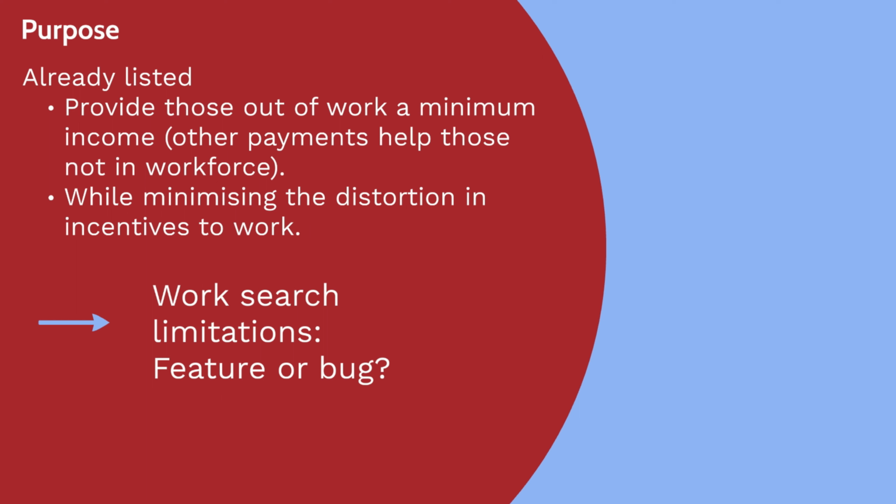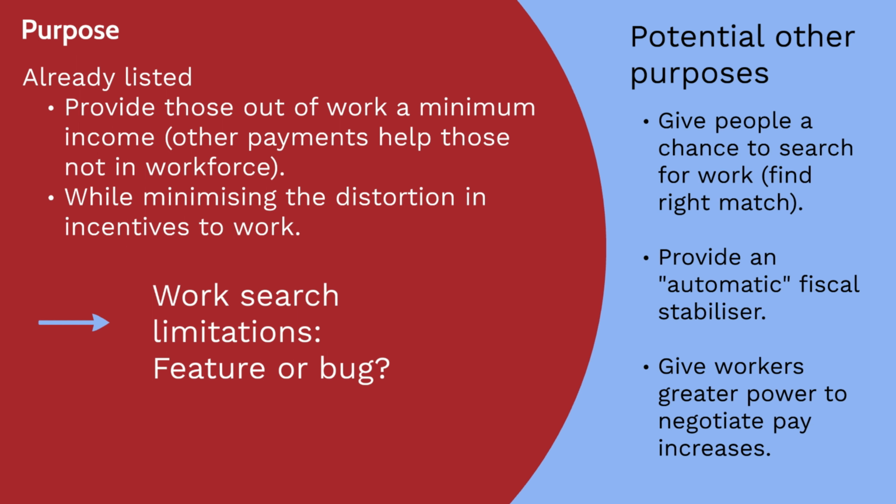But because it might turn around and create perverse behavior by people, forcing them to apply for too many jobs when they don't mean to, rush into work when they could find a better job if they just waited a little while, if we weren't pressuring them, that might make it a bug. That might make the system fall apart in terms of what it's intended to do, which is minimizing the distortion in incentives to work in the right sort of job, utilizing the skills that you have.